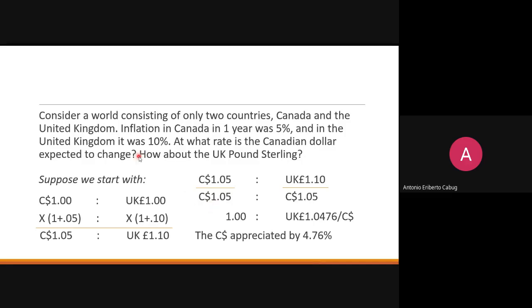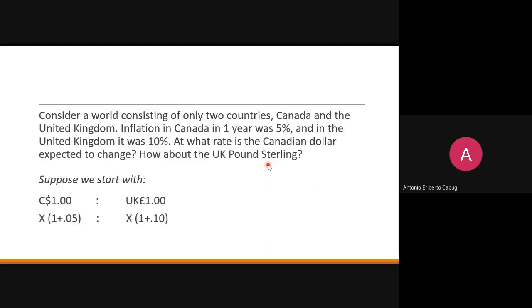Follow-up question. How about the United Kingdom pound sterling? Now, given this analysis, suppose they are equal in the beginning of the year. What used to be acquirable at 1 UK pound, you can acquire this time at a higher price, 1.10 UK pounds. As for the Canadian dollar, the price levels only went up by 5% to 1.05. Divide both sides of the equation by 1.10 UK pounds.